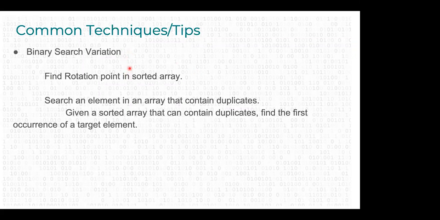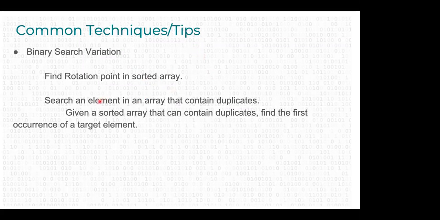In that case, you really don't have a target to compare against. So you can calculate the mid and compare that with the last element, because you don't have a real target to perform the binary search.